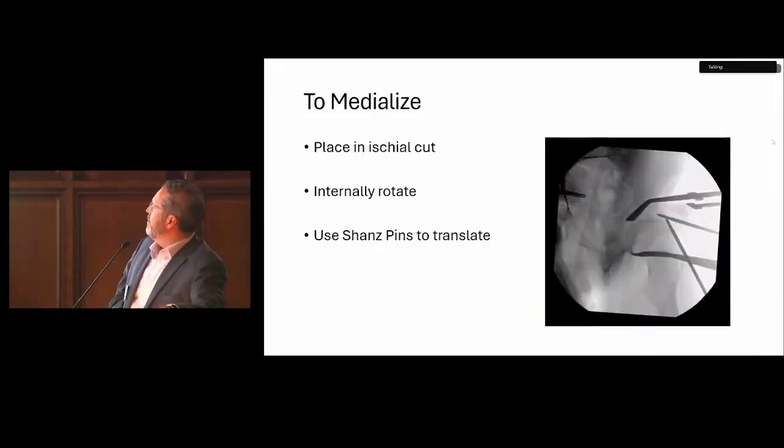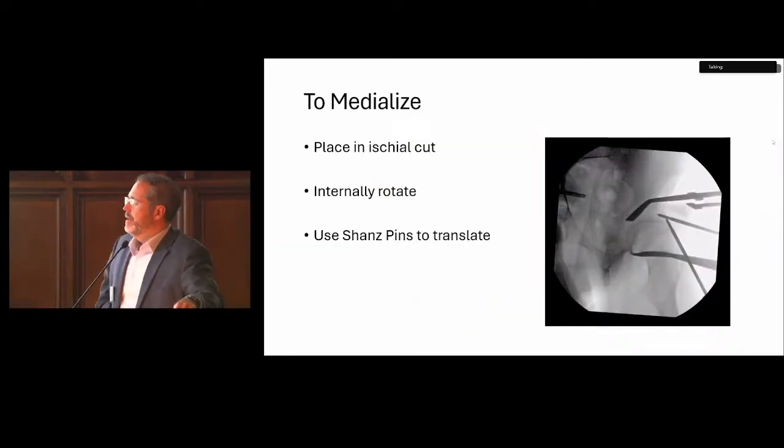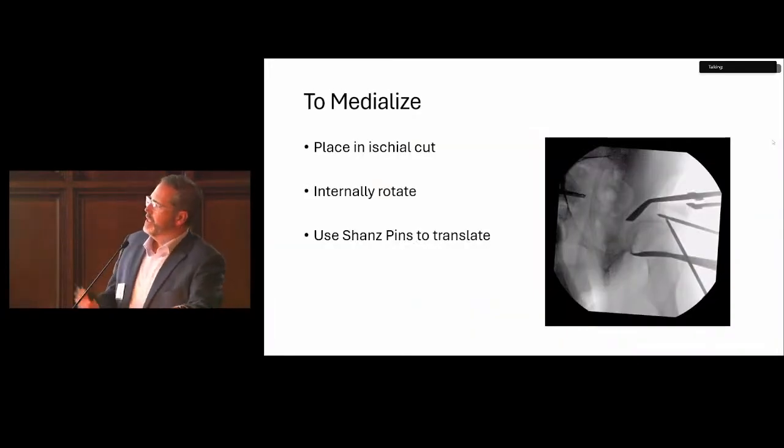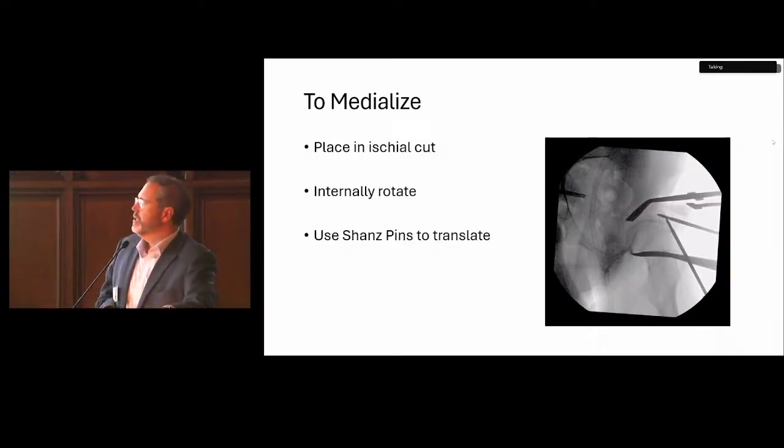And then another trick from Keith is using this angled osteotome to help. You can turn the angled osteotome as you're doing your posterior lateral cut to medialize the segment, in addition to using the Schanz pins. And I found that to be very helpful.